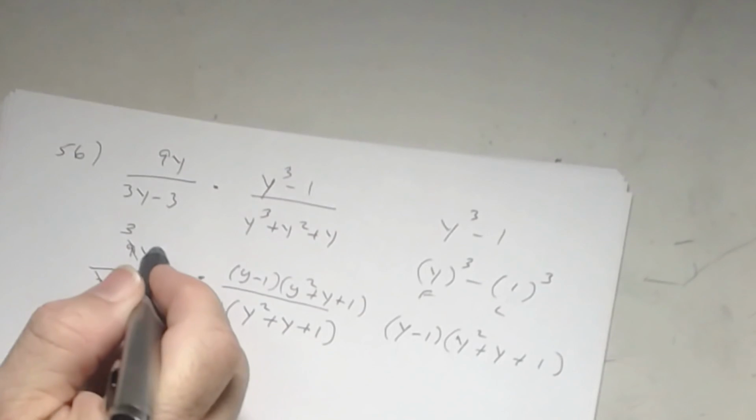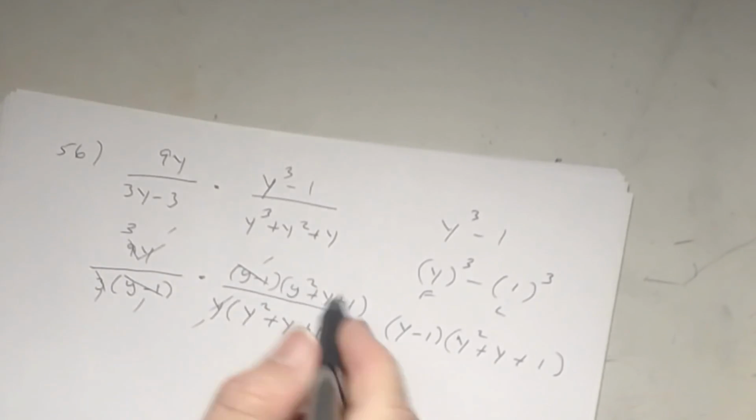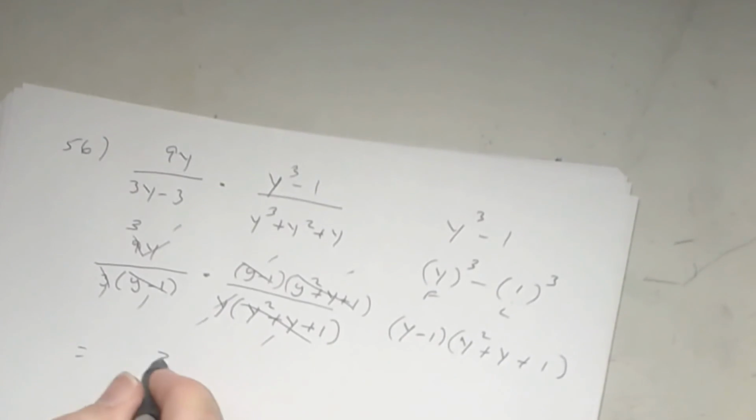Yes, just at one place right here. So y into y is 1. What's the next factor you see? y minus 1. Is there one down there? Yes. What's the next factor you see? y squared plus y plus 1, the whole thing. You see one down there, right? You're done. What's the answer? 3 over 1, which is just 3.